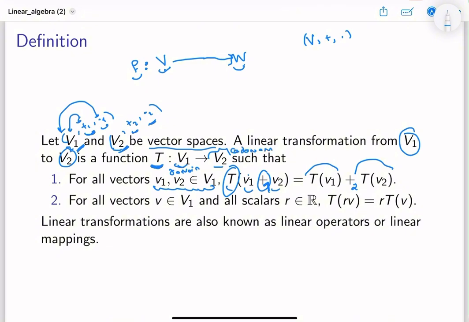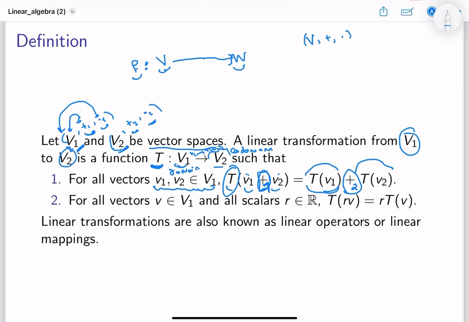So this addition over here is happening between vectors in V1, right? And this addition over here is happening between vectors in V2, because T of v1 maps v1 from here to T of v1, so it's going to be an element in V2.